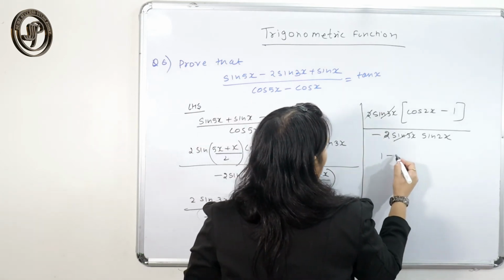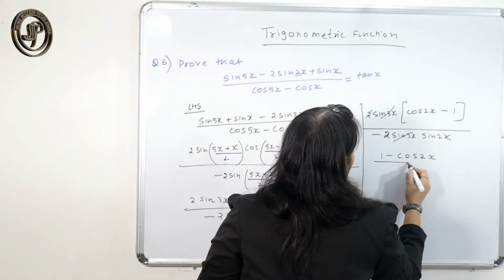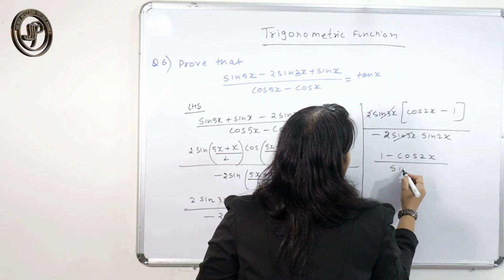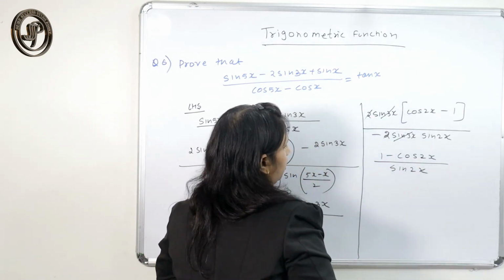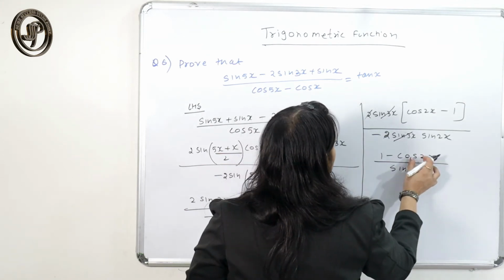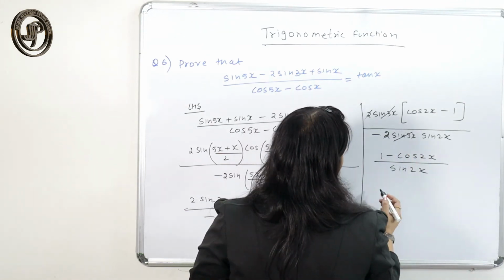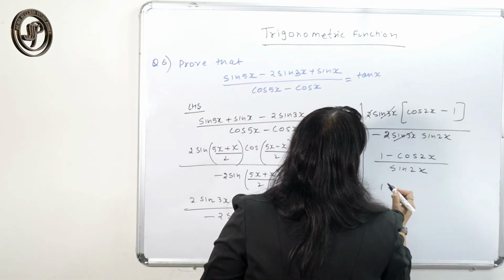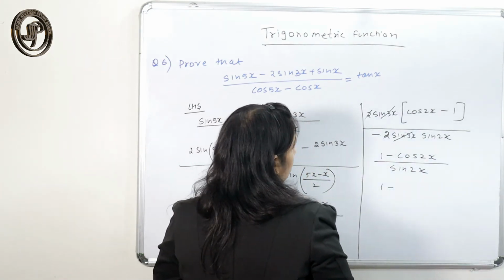If minus go up, this becomes cos 2x upon sin 2x. Okay, so 1 minus cos 2x. So cos 2x, you can write the formula for cos 2x. You have different formulas.